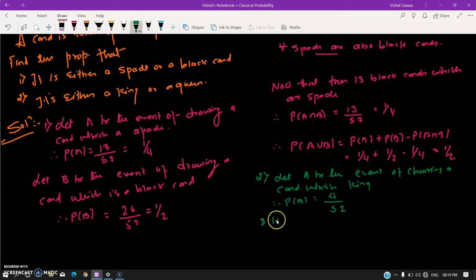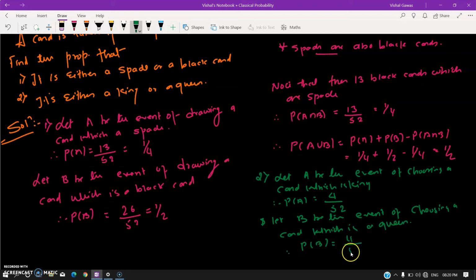And let B be the event of choosing a card which is a queen. There are 4 queens, so P of B would also be equal to 4 over 52.